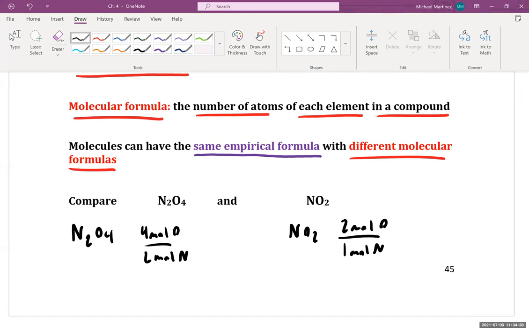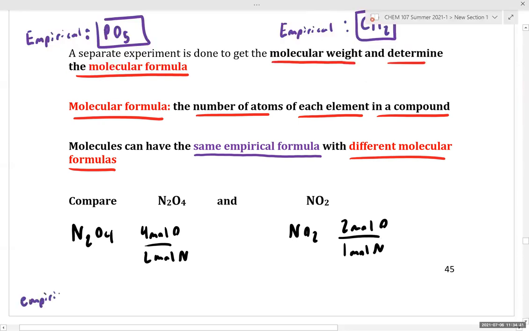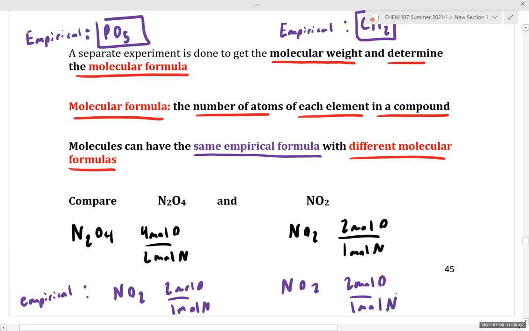However, if we look at the empirical formula, N2O4 has an empirical formula of NO2 with 2 moles of oxygen per 1 mole of nitrogen. As we can see, N2O4 and NO2 both have the same empirical formula while having different molecular formulas.